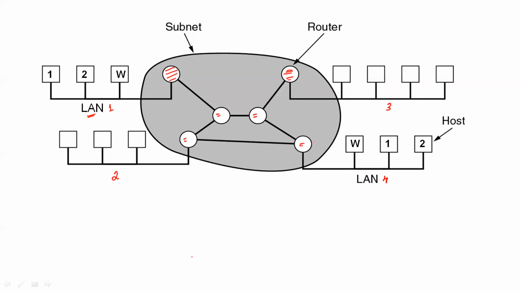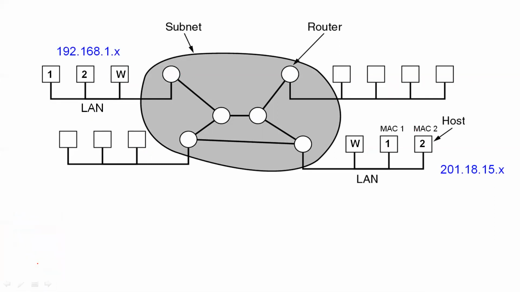Each LAN has one switch, and the starting point for any LAN will be a switch only. So we have switches, routers, and a couple of systems as well. This is the topology we are considering now.